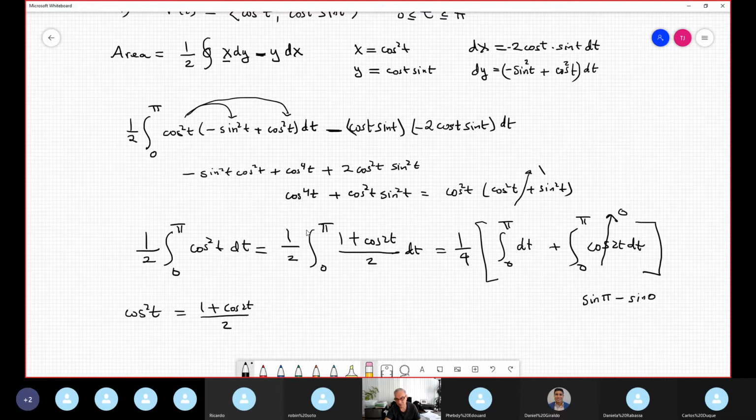Both are 0. Sine pi is 0. This one no. Then this is pi. Pi minus 0. So integral dt es t, evaluated between pi and 0 is pi. Entonces, ¿cuál es the final answer? Pi over 4. Oh, this is the area of this figure.